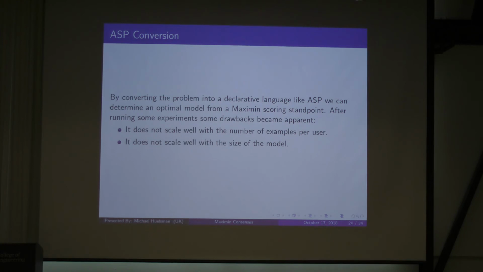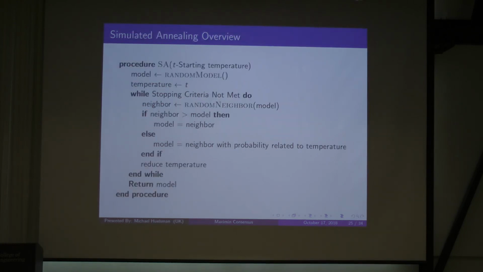So another one of the things that we tried was simulated annealing. So here's basically just a kind of very rough pseudocode. You start out with the temperature that just determines things later on. You basically choose a random model. So we choose a random formula and we say, okay, how good are you? And then we choose one of its neighbors.